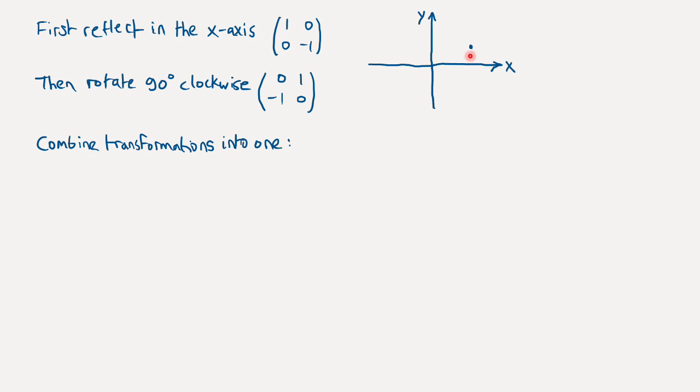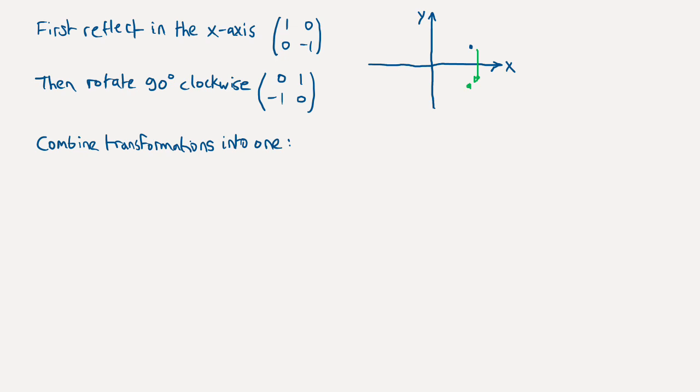xy, and first of all we're reflecting in the x-axis. So we're going to go from here down to here. So let's draw that, maybe in green. So we're going to reflect across the x-axis, and we're going to be at this point here, and then we're going to rotate 90 degrees clockwise.